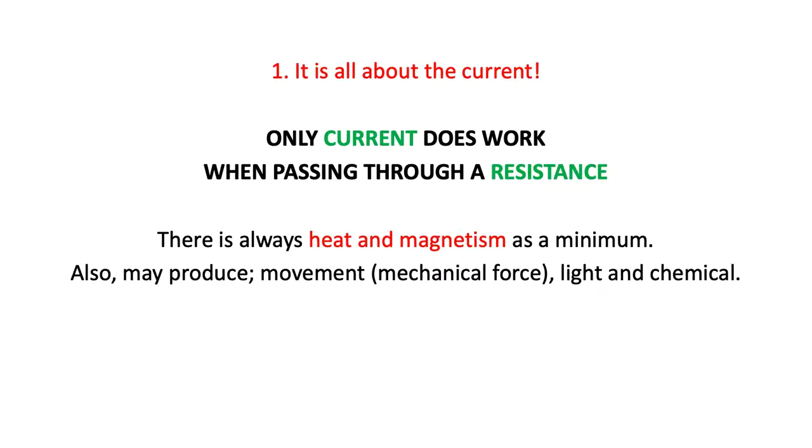It may also produce movement, mechanical force, light, chemical reactions, etc. But the thing I want to get across to you, in an AC circuit, the only part of the circuit that does any work is the current through the resistances in the circuit. Again, many students seem to think that the current through the capacitors and the inductors does active work. No, there's current there, but it does not do any productive work.